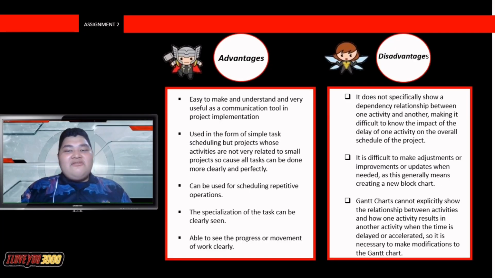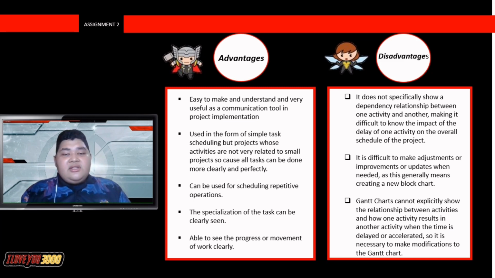Okay, we go through the advantage and disadvantage for Gantt chart. Okay, for advantage, first, easy to make and understand and very useful as a communication tool in project implementation. Second, used in the form of simple tasks, suitable for projects whose activities are not very related, such as small projects, so all tasks can be done more clearly and perfectly.